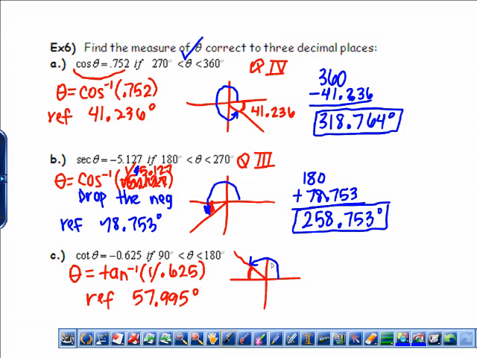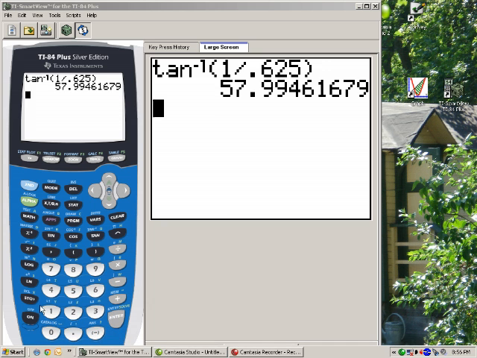If the two of these angles together should add up to 180, if they're supplementary, basically, I should be able to subtract my reference angle from 180. There's a lot of things in pre-cal you have to memorize. So as much of it that you can draw out and it makes sense, the better. Okay, 180 minus 57.995.